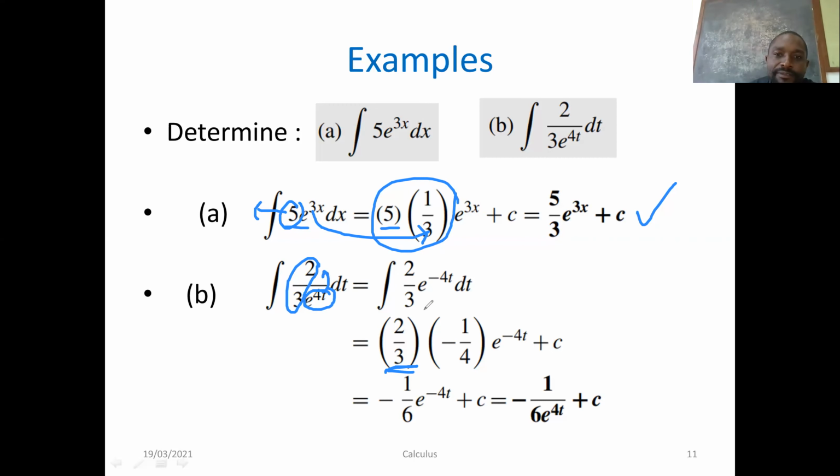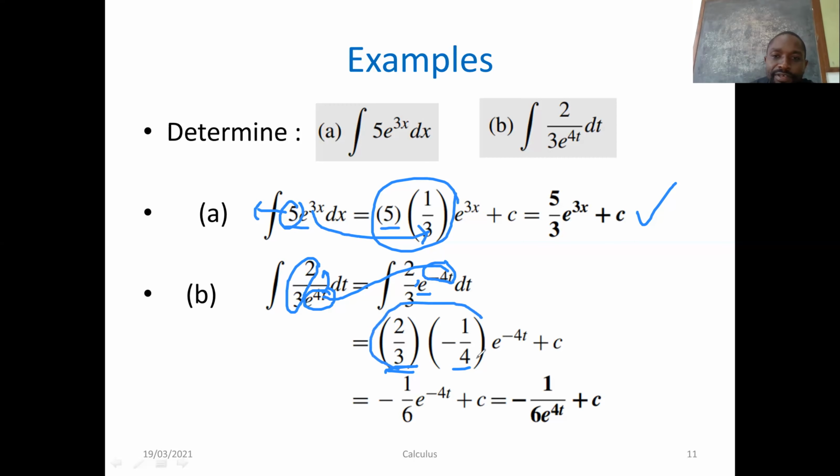Then when you do that, this becomes e to the power minus 4t. So the positive 4 here will change into negative 4t when it is being multiplied. And then now with your 2 over 3 already outside the brackets, you can now integrate e to the power minus 4t, which gives you e to the power minus 4t divided by negative 4. Therefore, you have this as 1 over minus 4.